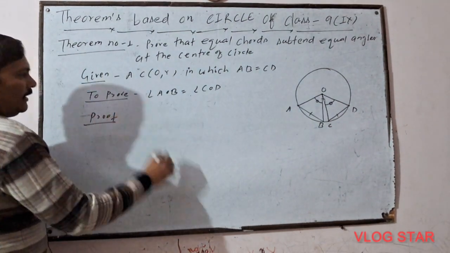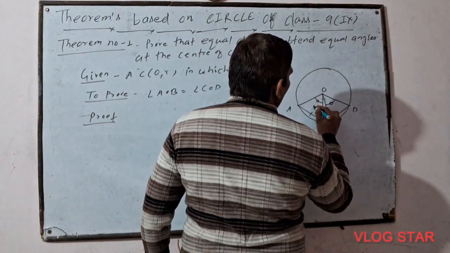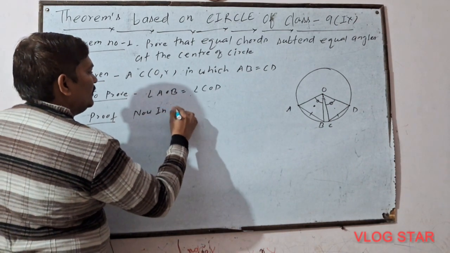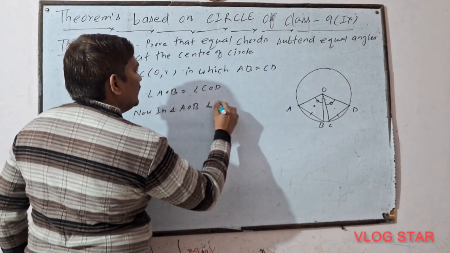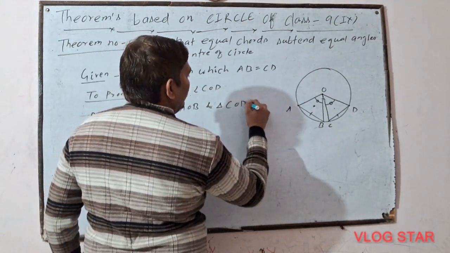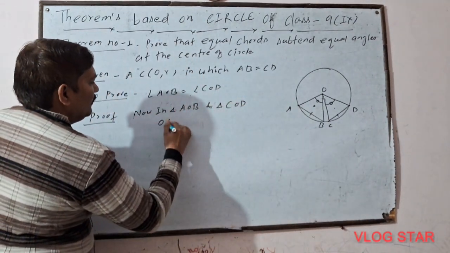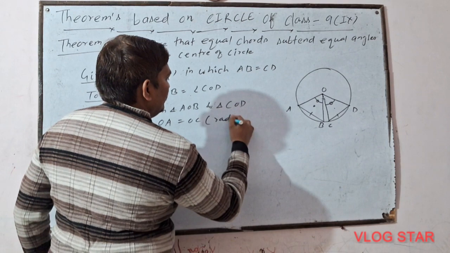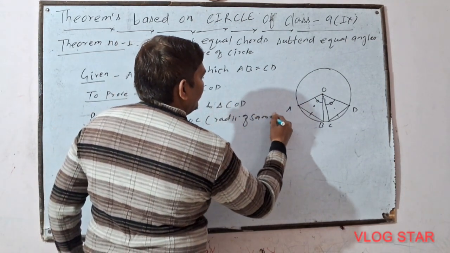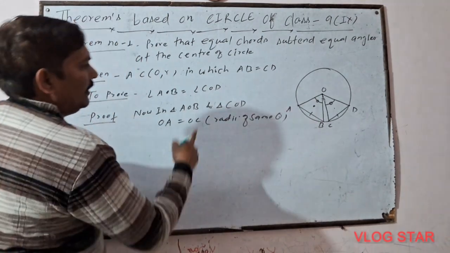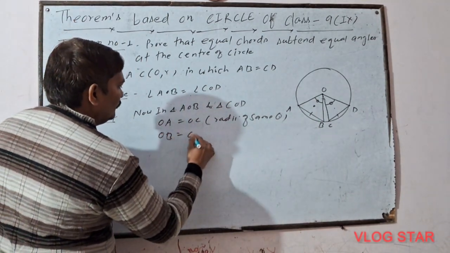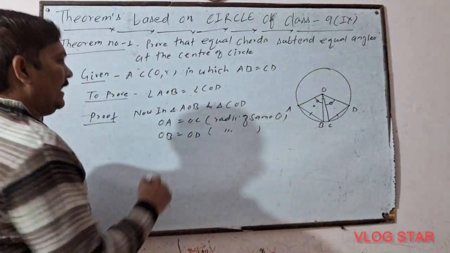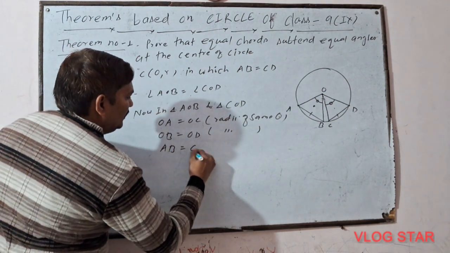Proof. Now we will use the concept of congruency. Now in triangle AOB and triangle COD, OA equals OC, reason: radii of same circle. OB equals OD, same reason, radii of same circle, and AB equals CD.